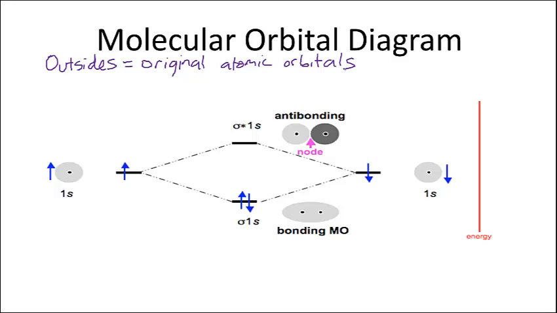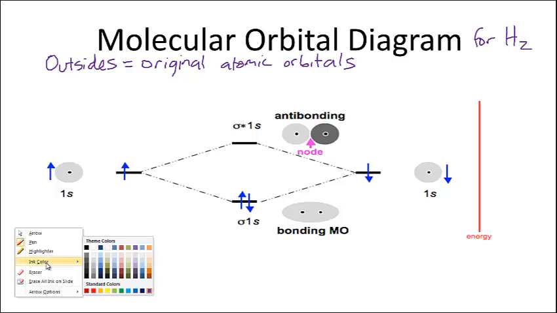So here, this would be a molecular orbital diagram for H2. In this diagram, on the outsides, I have the original atomic orbitals, which are the hydrogen 1s orbitals.